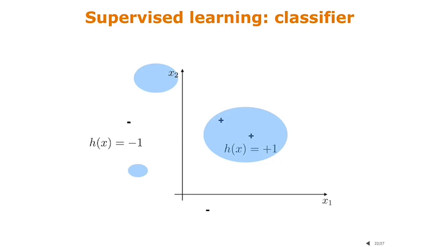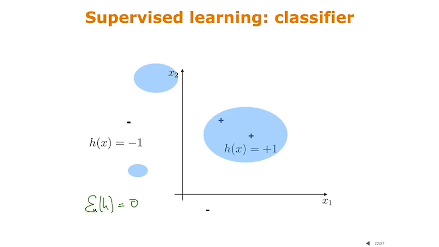Okay, so for example, this is a classifier. It correctly classifies all the training samples. The shaded regions here correspond to the classifier returning +1 and the rest -1. Okay, so all the training samples are correctly classified. The training error of this classifier is also 0.